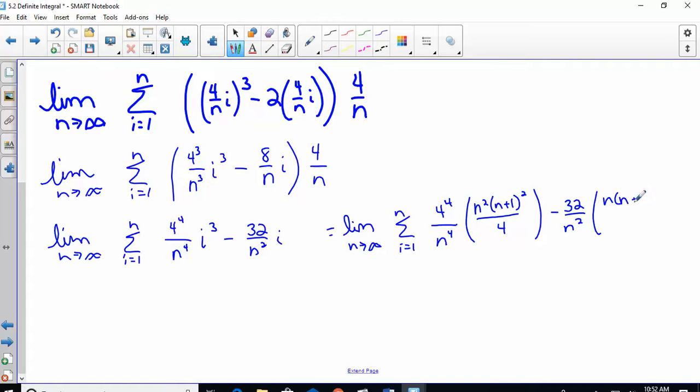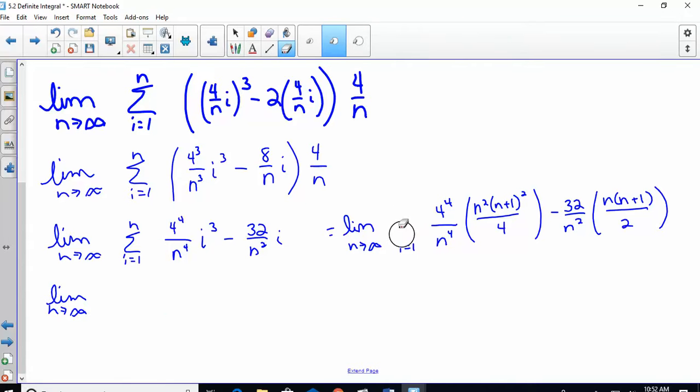The i formula is n times n plus 1 over 2. Okay, I really actually didn't need my summation right there because I added those up. I used my summation formulas.